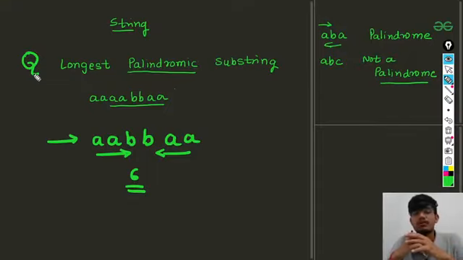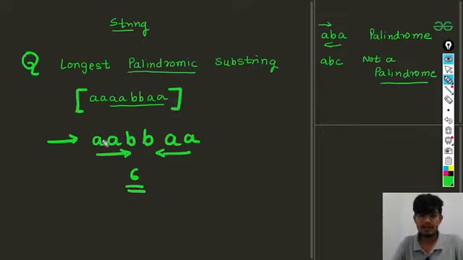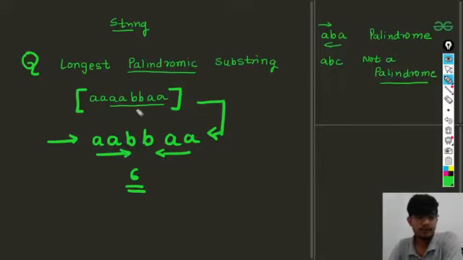Now, in a given string, we need to find the substring that has the maximum size or length. In this case the longest available substring is AABBAA. So this is the solution. We have already seen this. Let us try to solve this question.